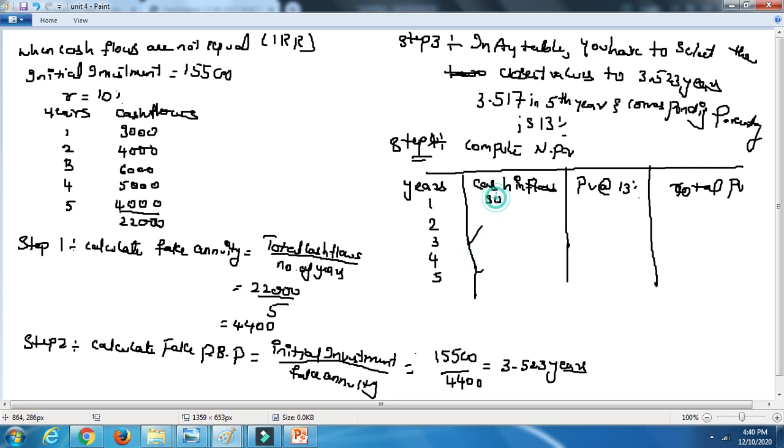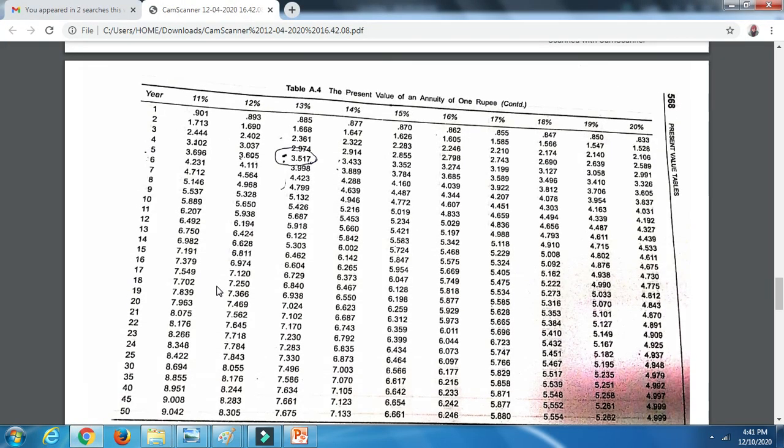First year 3,000. Second year 4,000. The similar values we are taking, cash inflows up to 6,000. On the left hand side you will get the value 4,000. For 13%, you need to check the A3 table. In the A3 table, you go to 13%.